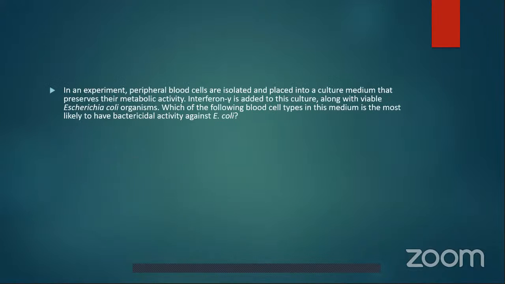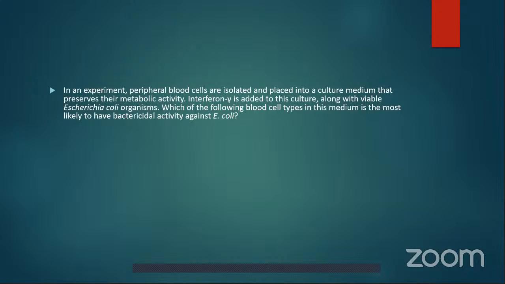Next question. In an experiment, peripheral blood cells are isolated and placed into a culture medium that preserves their metabolic activity. Interferon gamma is added to this culture along with viable E. coli organisms. Which of the following blood cell types in this medium is the most likely to have bactericidal activity against E. coli?